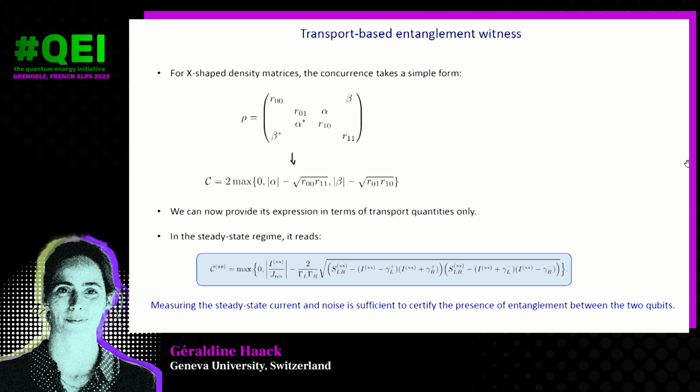So in the steady state under particle conservation, they are related. In general, they are not, and at finite times, they are not. So the expressions will look a bit different, but the type of information they contain is the same. We just chose that one because we thought it was nice to have these cross correlations between the two current traces. But in principle, you can have other quantities.